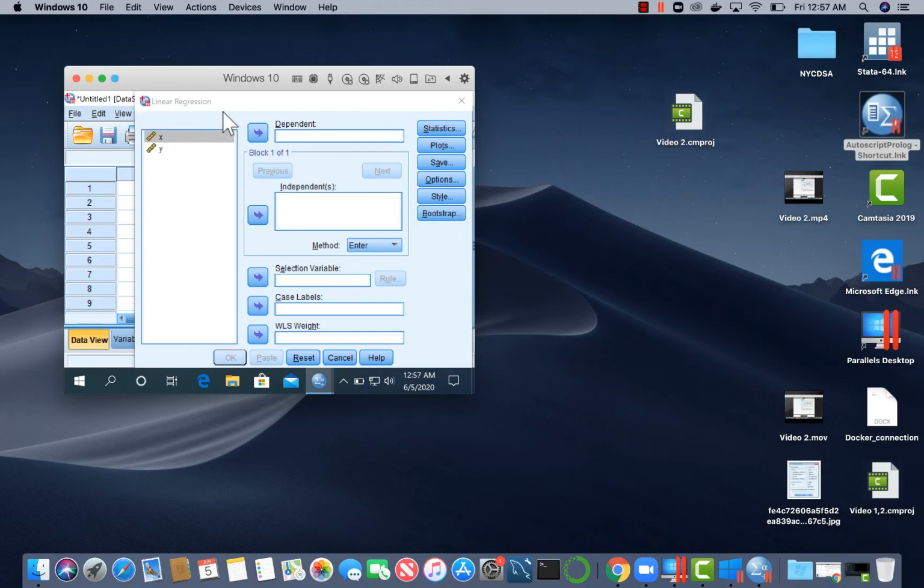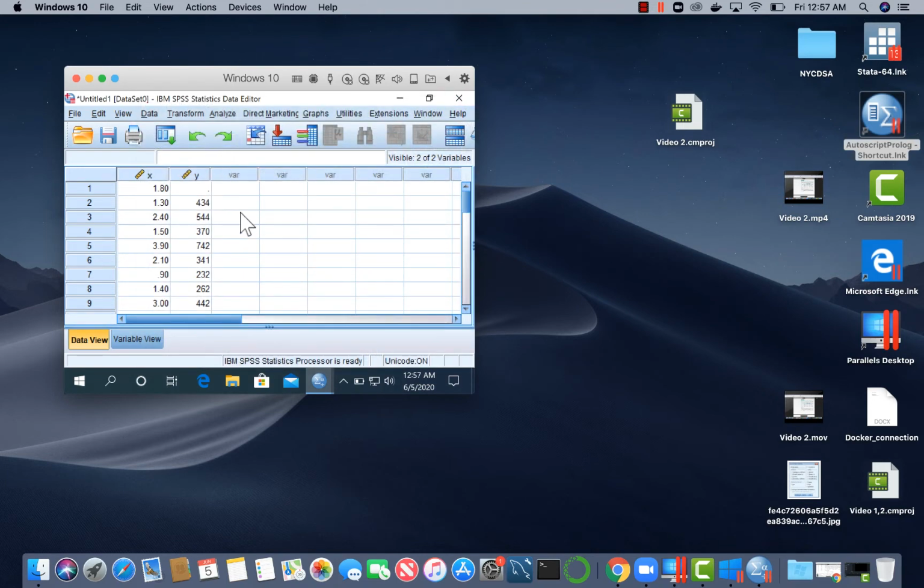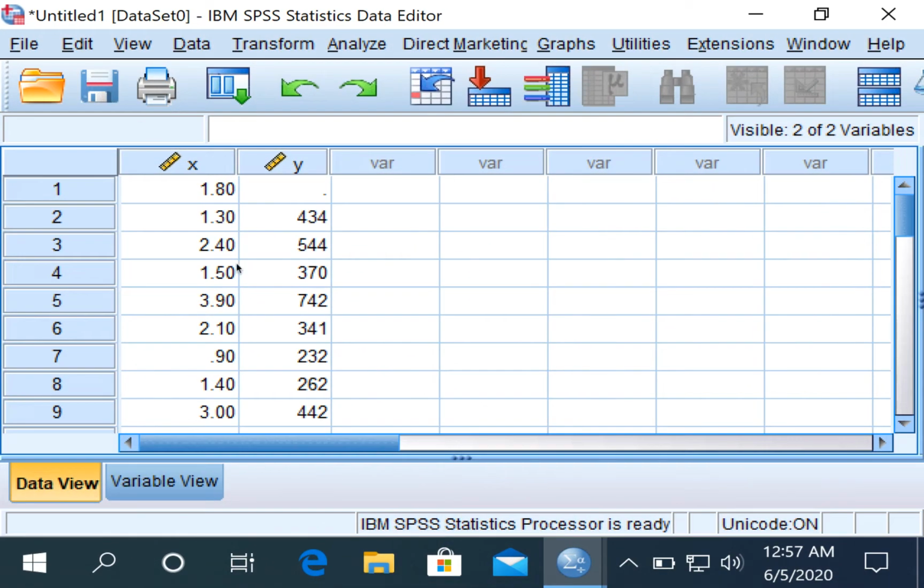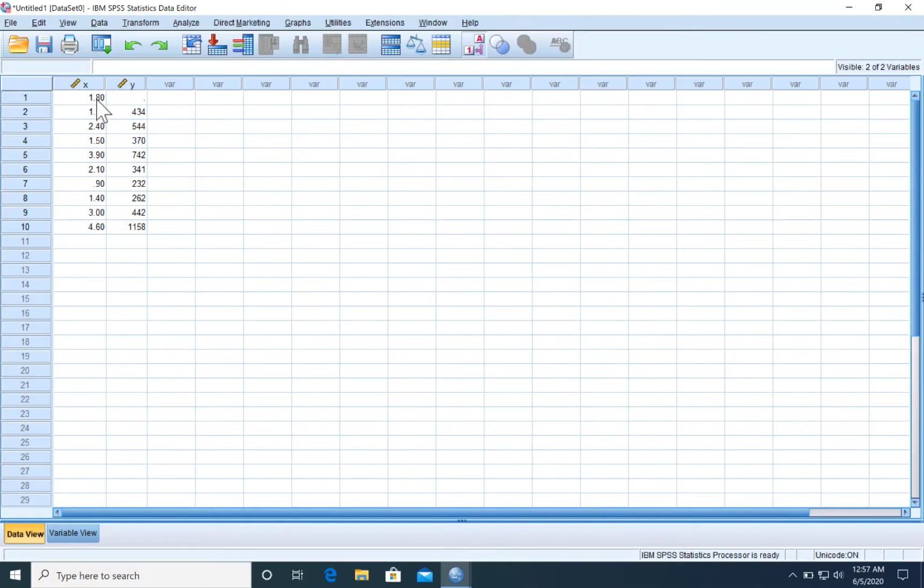Okay, here's SPSS. We have the data entered here. This is GDP in trillions of dollars, so this 1.8 means 1.8 trillion.